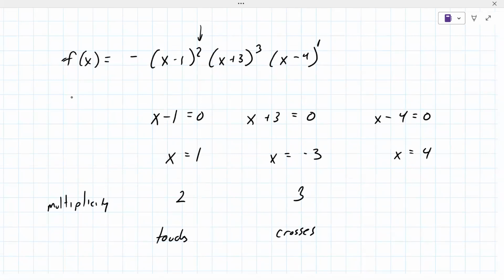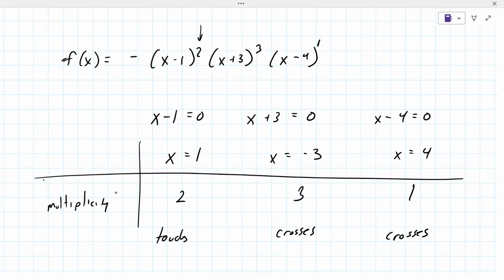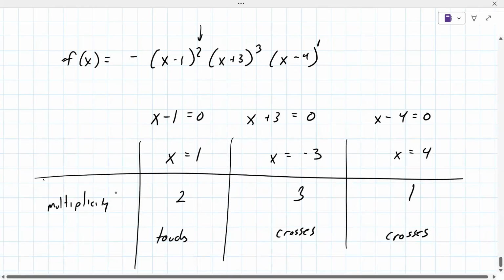Now, this one is 1, so it crosses. So sometimes they want kind of this full picture, and then sometimes they even want a graph.